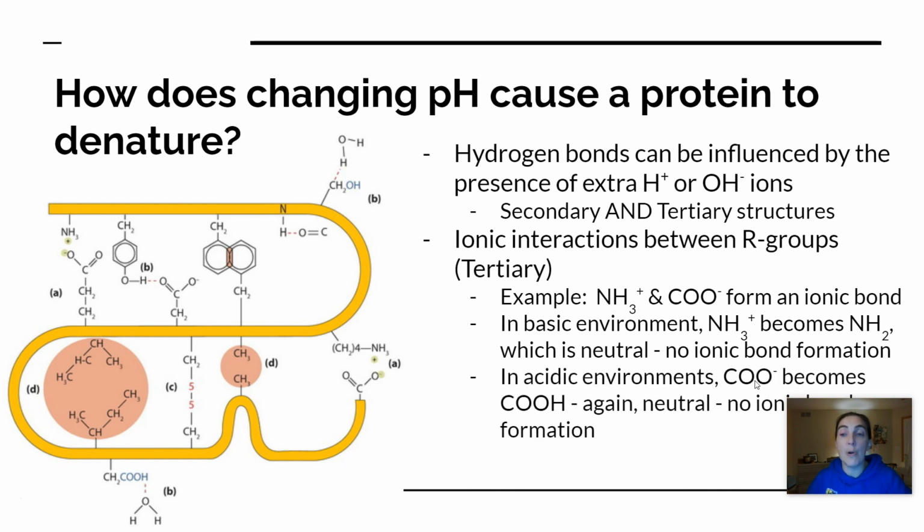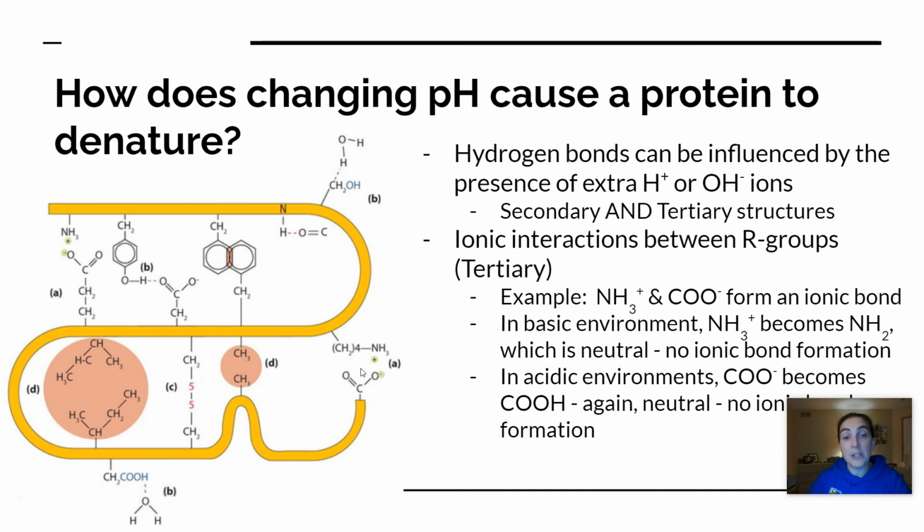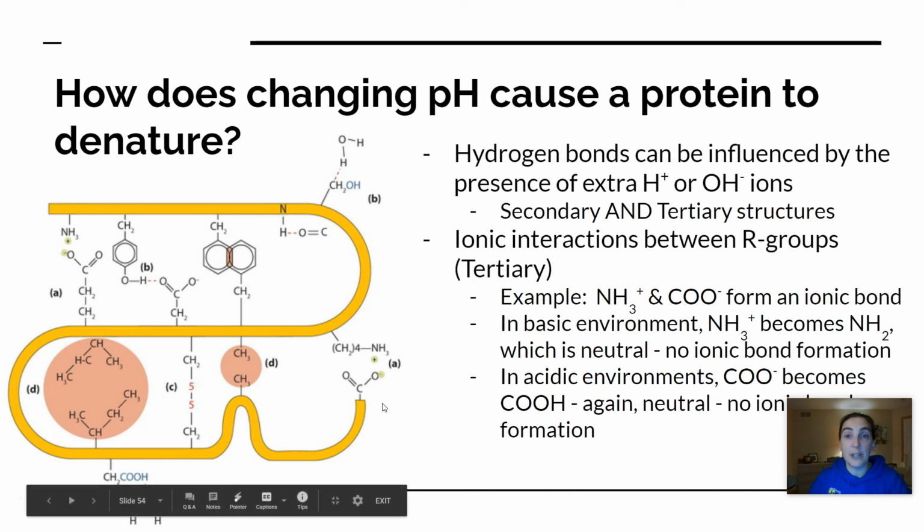That COO minus will actually attract one of those hydrogen ions from the acidic environment and become COOH, which again is neutral, and it's not going to form an ionic bond. So in any environment where the pH changes too drastically, these ionic interactions start to come undone, and the protein is no longer held together in those particular places.